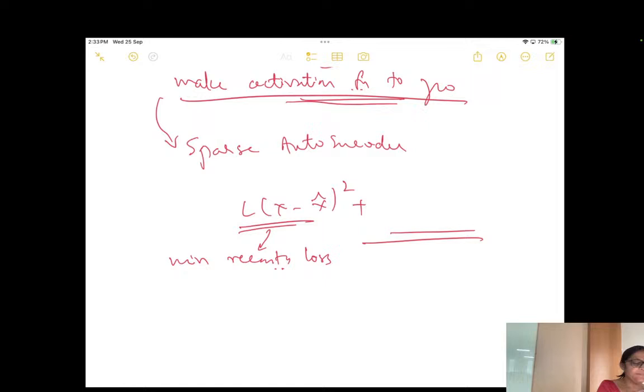Make some of them go to zero, not all. You are making some of the weights go to 0, not all the weights to be 0. You are making some of the activations go to 0. What is that error?